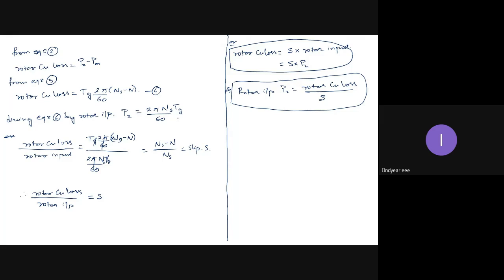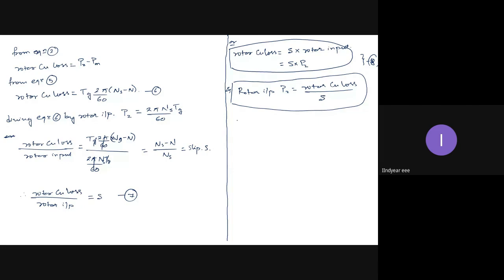Take this as equation 7, and these both combined as equation 8, because they are the same.